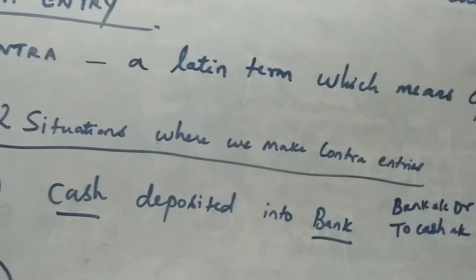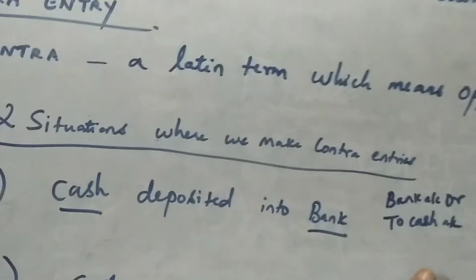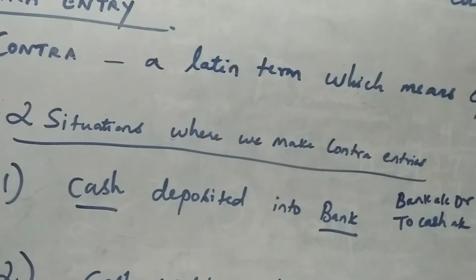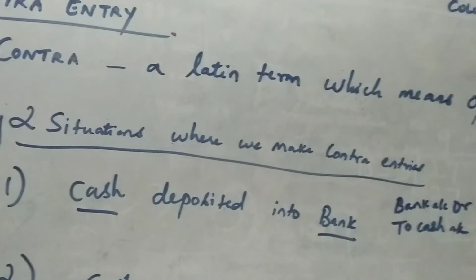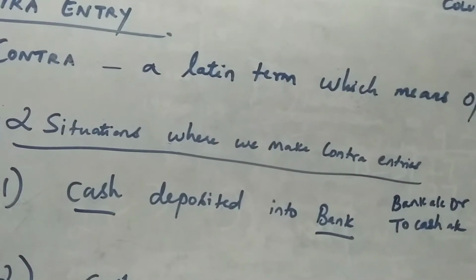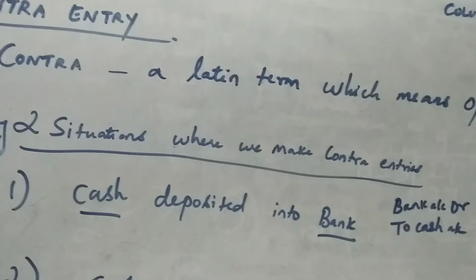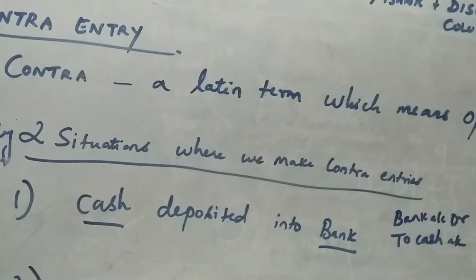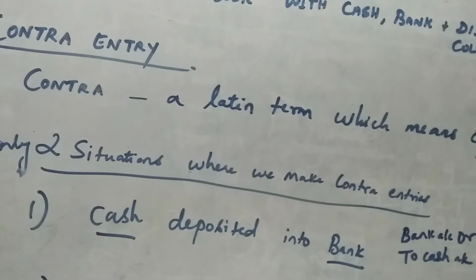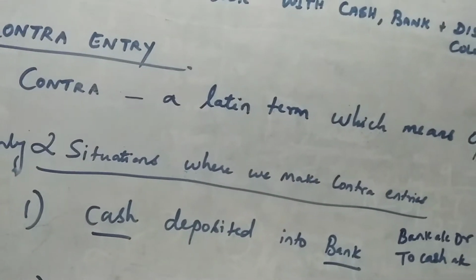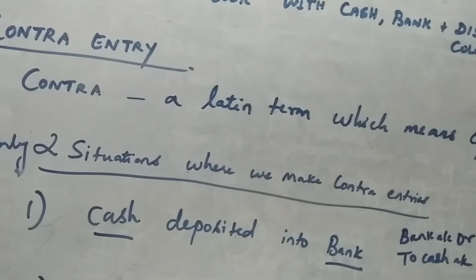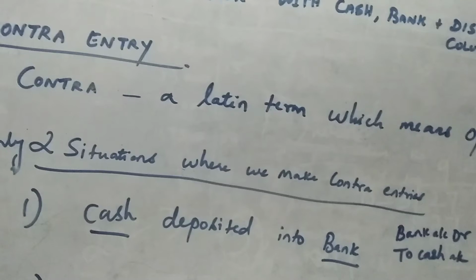So cash withdrawn from bank for office use. Even when the words office use are not given, just cash withdrawn from bank alone, it is assumed that it is for the office use. So in case if they give you personal use or domestic purpose, household, so all these things comes, you will treat it as drawings, that is different.